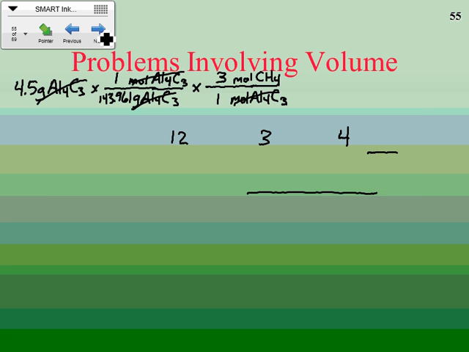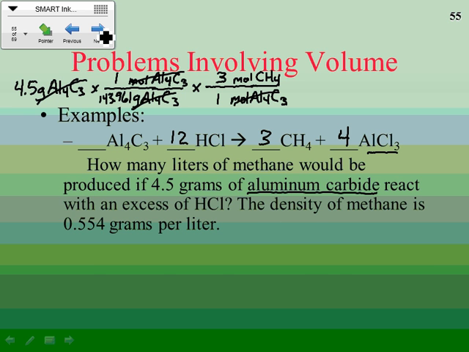No, it has to say that for you to be able to use that number, okay? It'll just tell you at STP in the problem, but standard temperature is 0 Celsius, standard pressure is 1 atmosphere. I don't necessarily expect you to know that for the stoichiometry problems. I expected you to know that when we were doing the gas law stuff, but... Okay, so we can't go from moles to liters here.